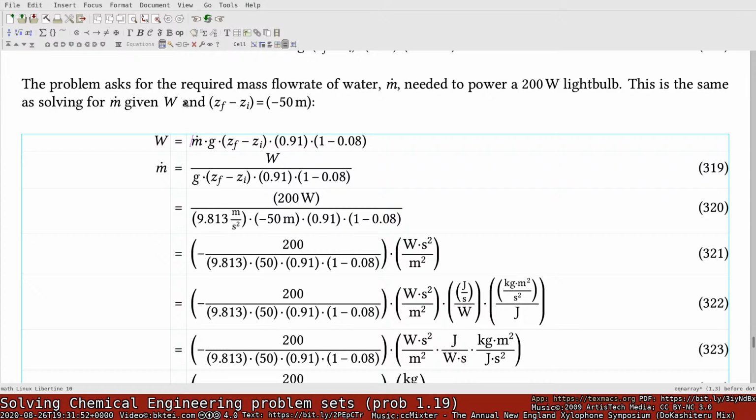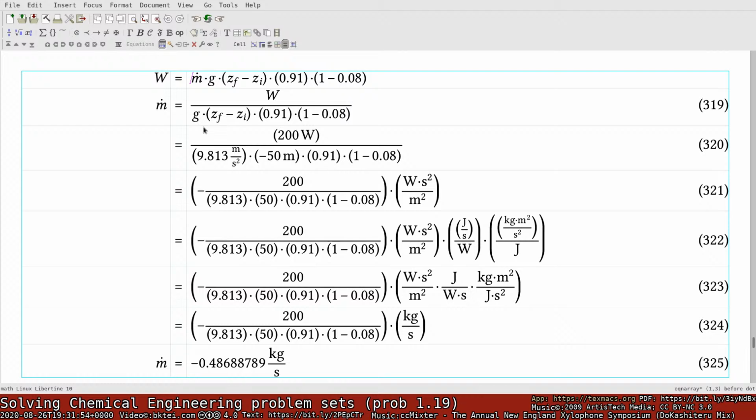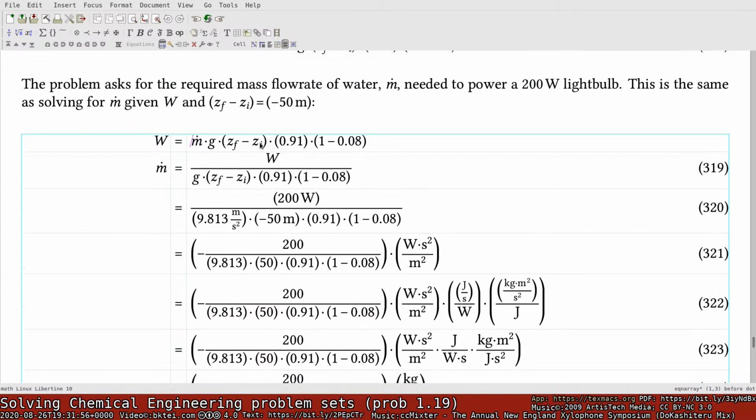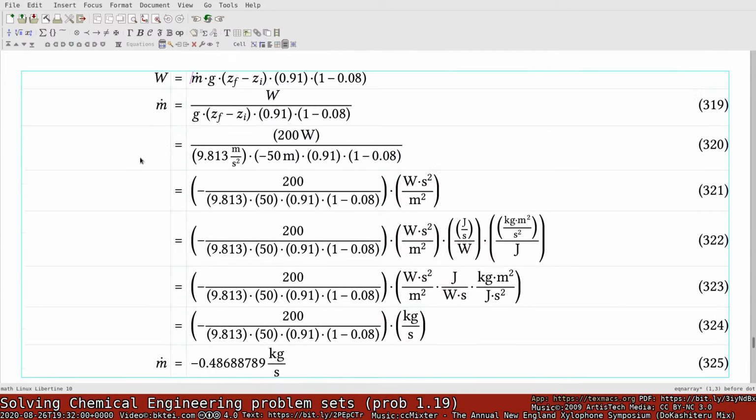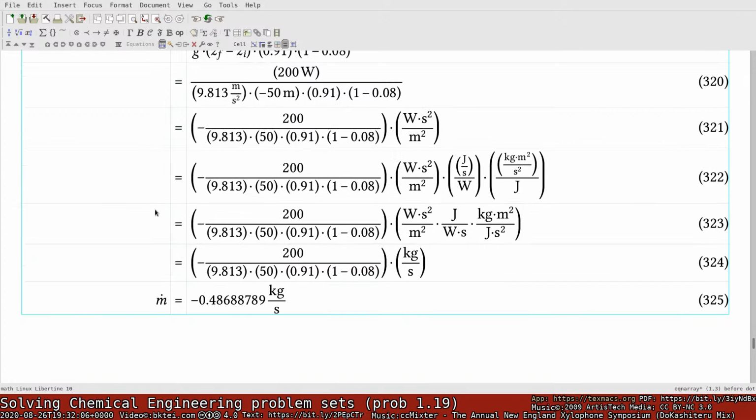The negative sign can be interpreted as the flow rate of water going from the initial state to the final state.